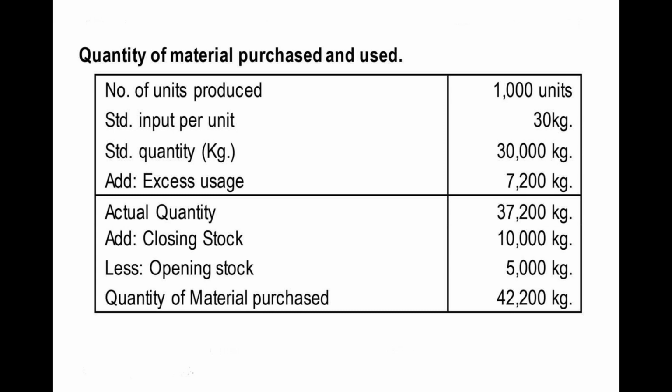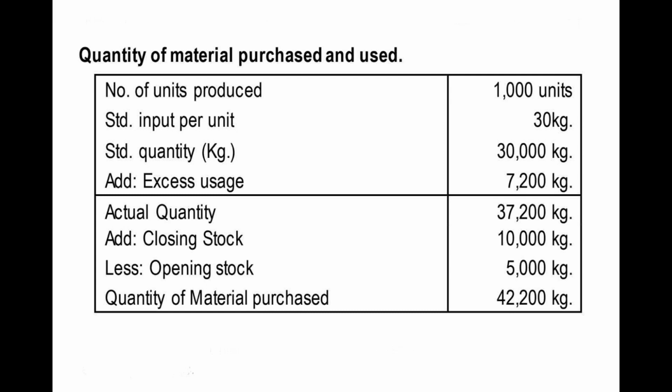Because the actual utilization is more by 7,200 and the standard quantity required for completing 1000 units of final product is 30,000. So we add 30,000 plus 7,200. Actual quantity required is 37,200.